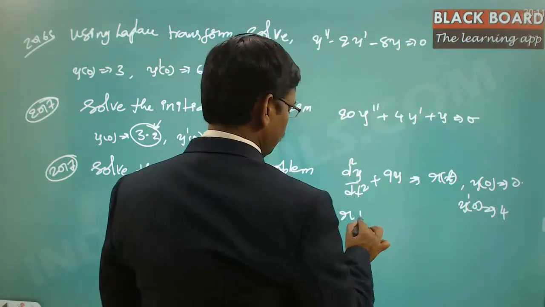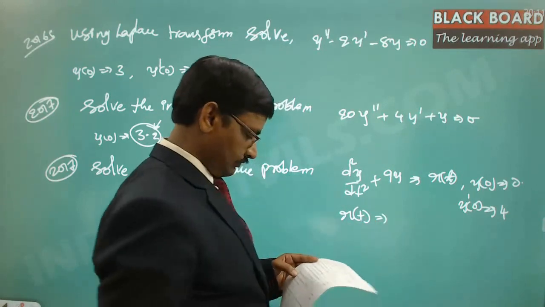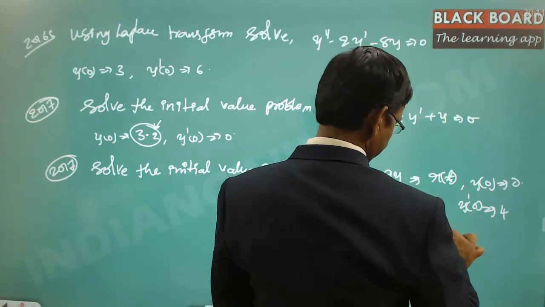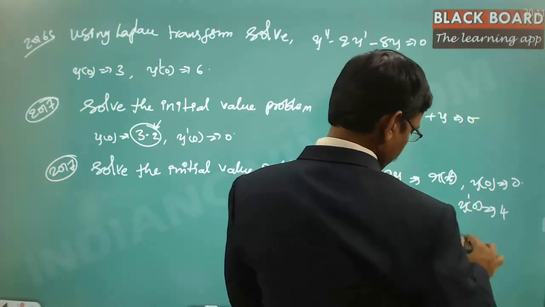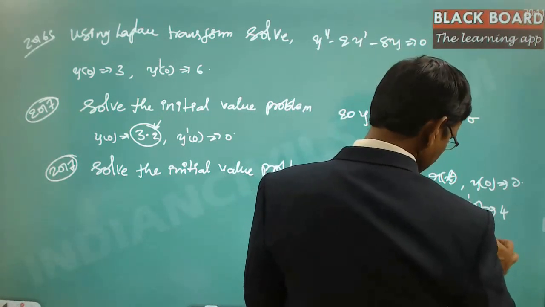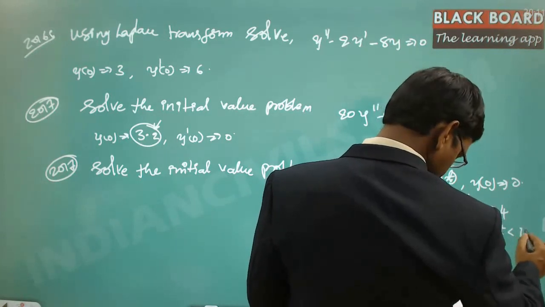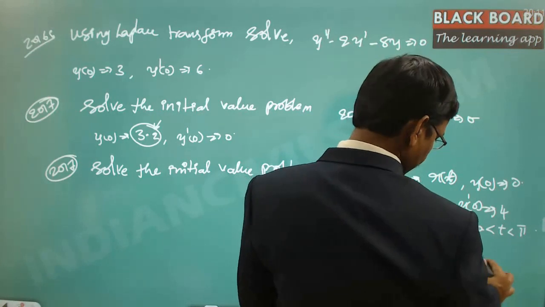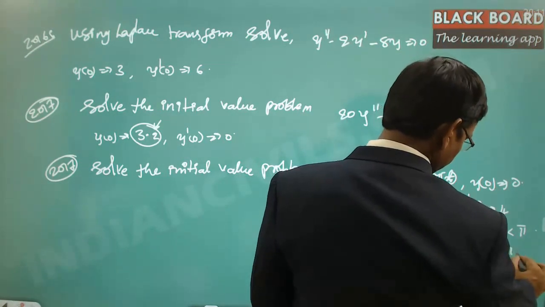Then r of t is given as 8 sin t when 0 less than t less than pi, and equal to 0 if t greater than pi.